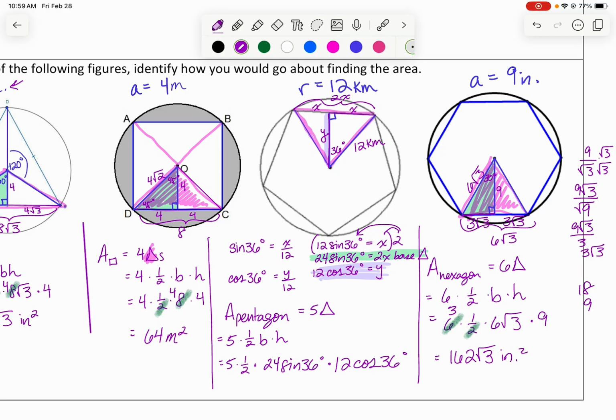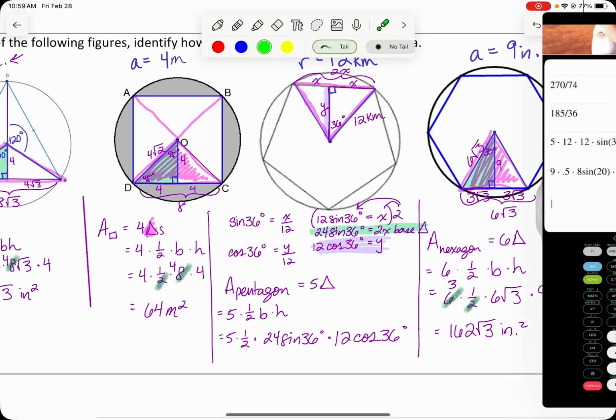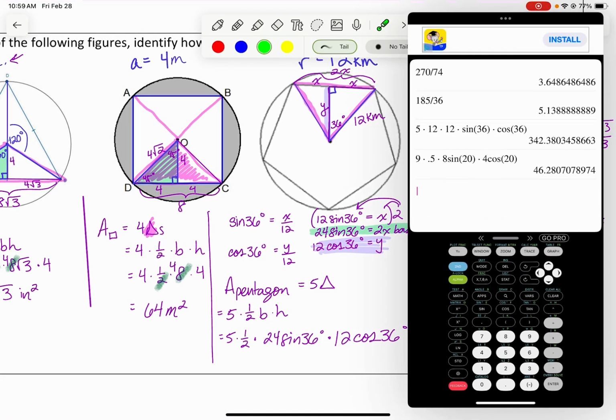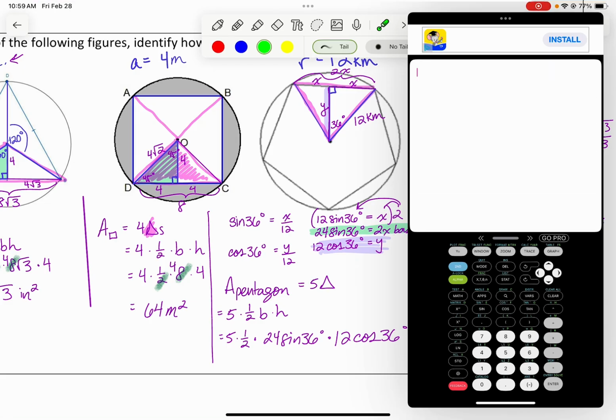And now that we have written this all in one long line, we can reach for our calculator. So now go ahead and grab your calculator and type it in, and then I will come back and show you what we got. All right, so hopefully you just typed it in your calculator. You can do 5 times, I would do 0.5 for 1/2, times 24 sine 36.